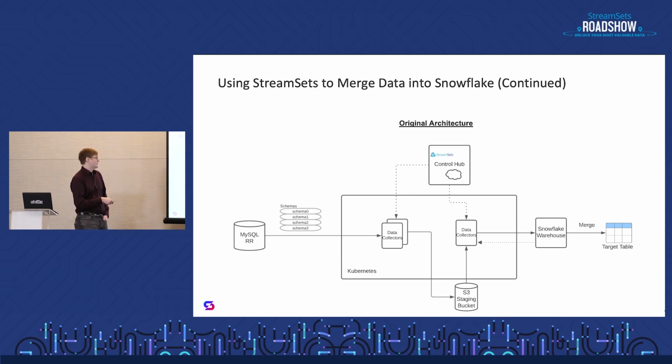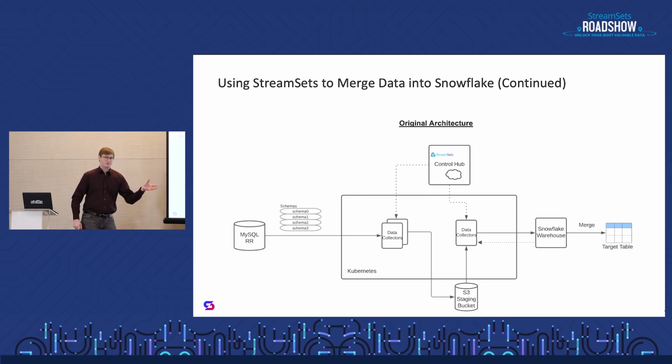The biggest issue is that the data collector stages in S3, and then says, okay, merge the data. Then it waits for the merge to complete before telling StreamSets that the merge has finished and you can go on to the next step.